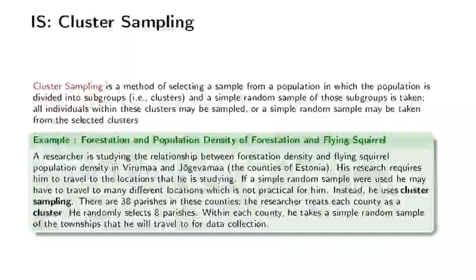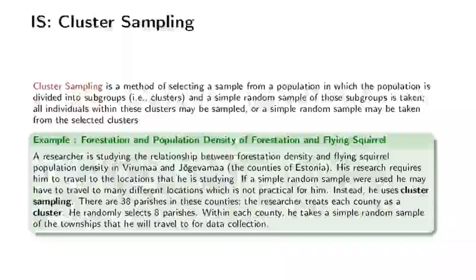I don't know how to properly pronounce these two names. His research requires him to travel to the locations that he is studying. If a simple random sample were used, he may have to travel to many different locations, which is not practical for him. Instead, he uses cluster sampling.